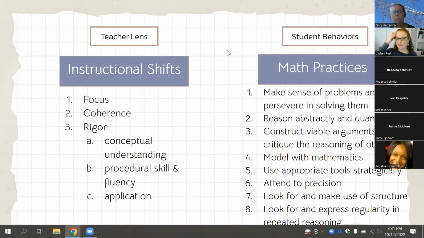But then there will be times where I want tasks or assignments where students have to decide what is going to help them solve this problem. Maybe it makes sense to grab a calculator. Maybe a measuring tape, or maybe I need to grab some graphing paper so that I can graph this out or make a table. So over time, we help empower them to demonstrate these on their own if they're not already.